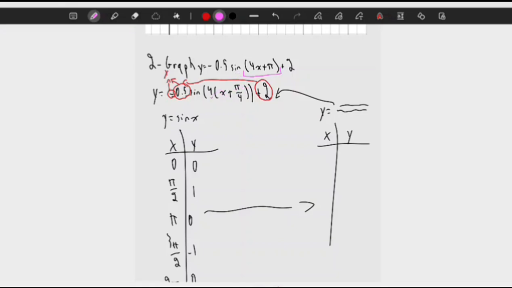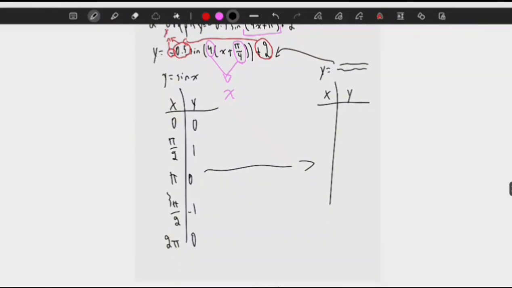Now, the 4 and the pi over 4 are going to both affect the x. So when writing the transformations for our second table, for the y, we can do times negative 1, then times 0.5, and then add 2.